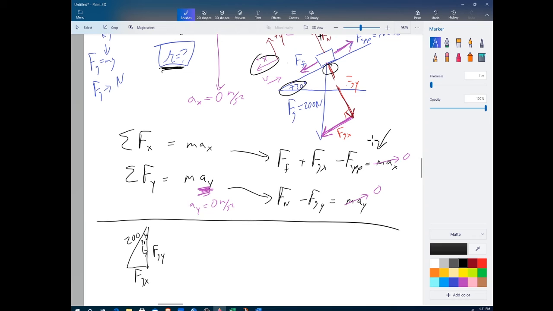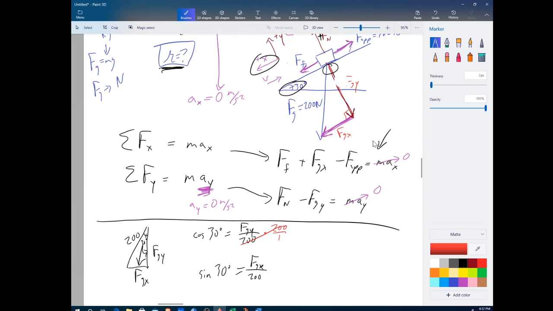So my adjacent side, my cosine of my angle: let's plug the angle in. Cosine of 30 degrees is going to be my adjacent side over my hypotenuse. The sine of my angle will be the opposite side over my hypotenuse. And if I solve each of them like an ogre, get rid of the 200 on the one side.